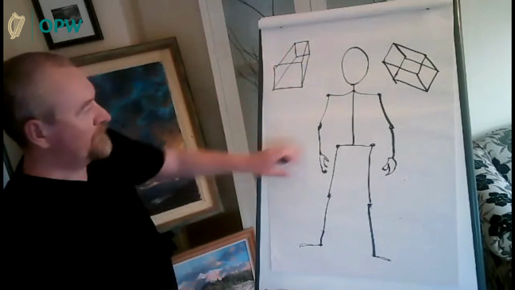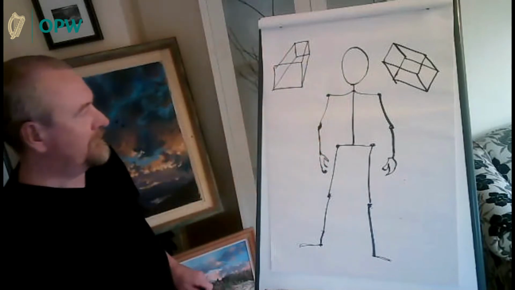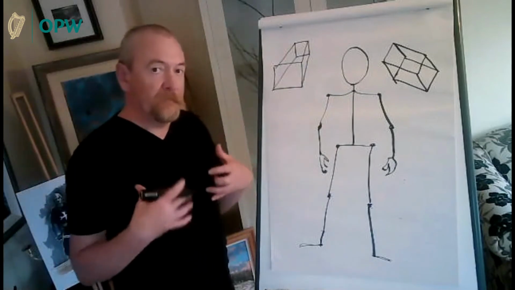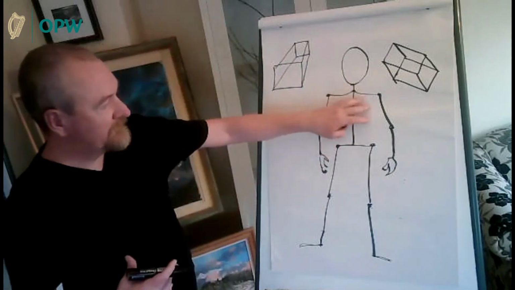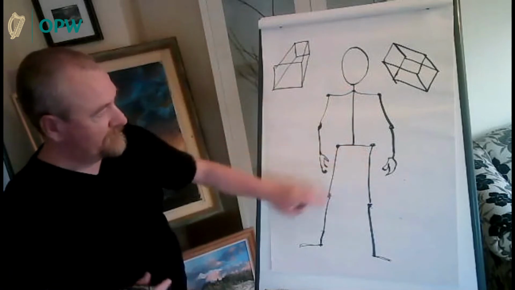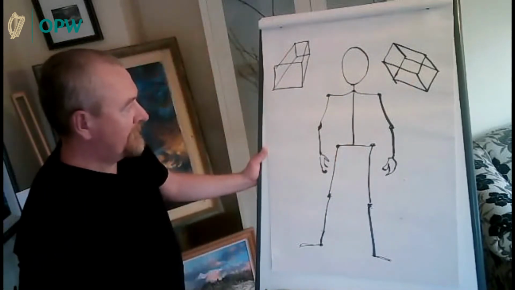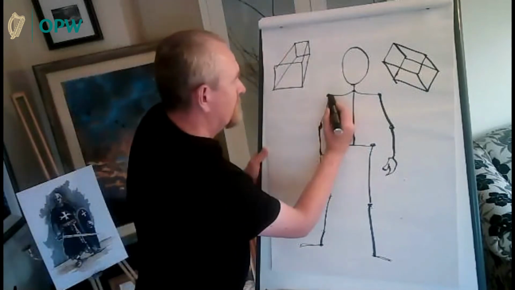Now, what we do with our man here is we can see where the masses of the body are. So we have the chest area, the torso, we have the hips. So if we take our box idea and add it in here, and we'll just leave it at the box.